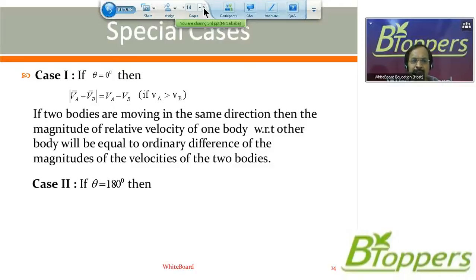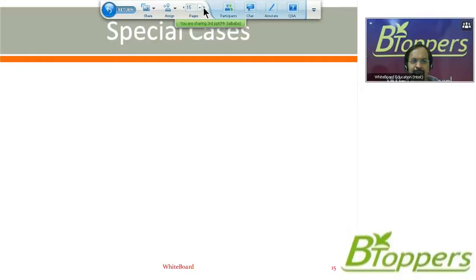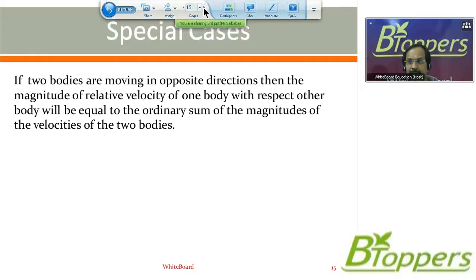If the two bodies are moving in opposite directions, then the angle theta between the two vectors VA bar and VB bar is 180 degrees. In that case, you get mod of VA bar minus VB bar equal to VA plus VB. That means mod of VA bar minus VB bar equals modulus of VA bar plus modulus of VB bar.